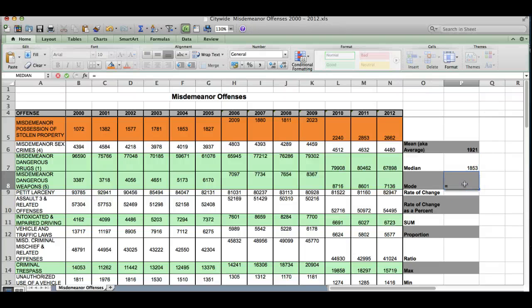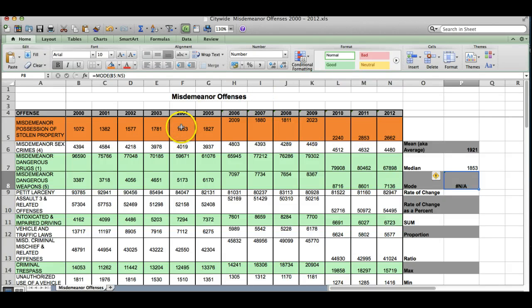And lastly, the other central tendency measure that we often use is the mode. So you want to do equals mode, open parentheses, select the cells, close the parentheses, enter. We see that we get an NA, and we can then look at the data. And basically, you got an NA because there are no numbers that repeat themselves.